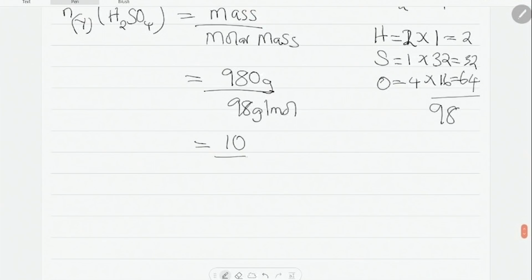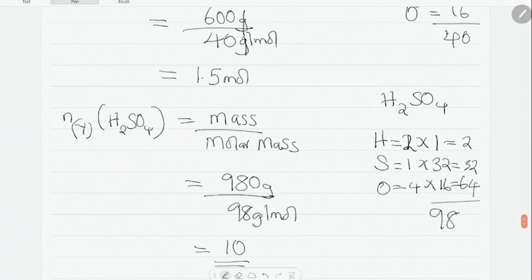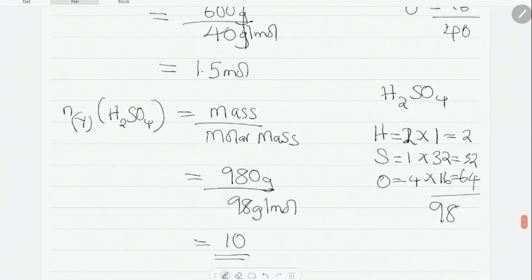So when you look at the limiting reagent in this case, it is that reactant that is in short supply. And because it is in short supply, it ends fast even when the other reactant is still available. So it determines how far the reaction is supposed to proceed. And therefore, looking at the number of moles that we have, for sulfuric acid, the number of moles that took part in the reaction is 10.